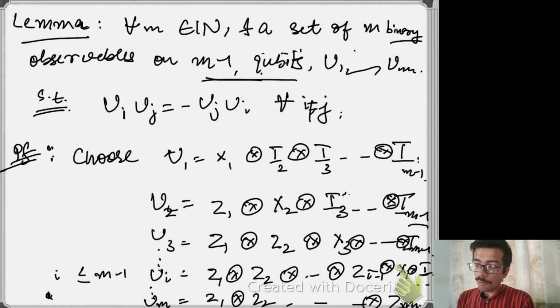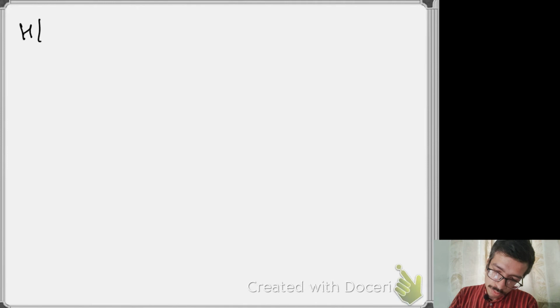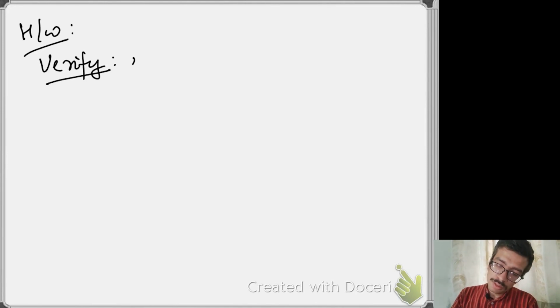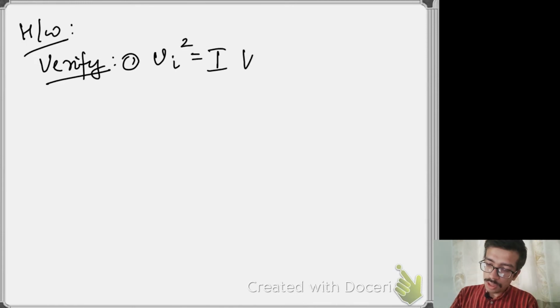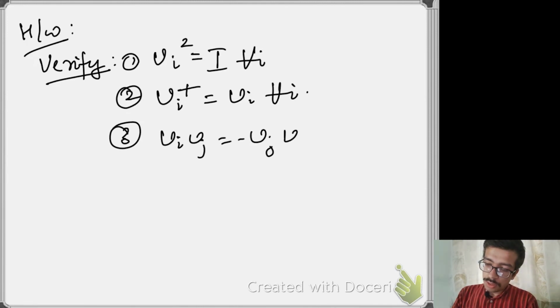Now take a couple of minutes and verify that each of these ui's is a binary observable, that is ui square equals I for all i, ui dagger equals ui for all i, and thirdly ui uj equals minus uj ui for all i not equal to j.